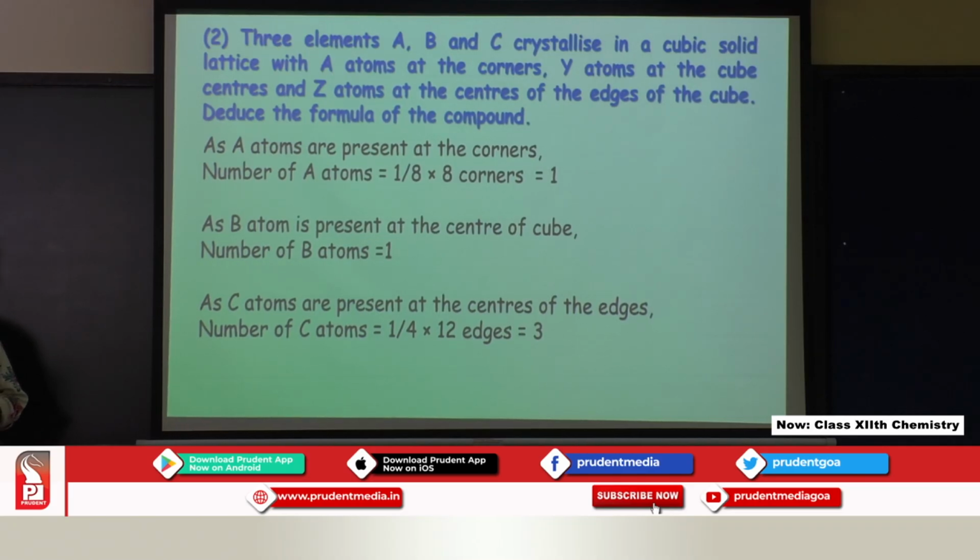So, we have 1 by 4 multiplied by 12 edges that a cube has, which makes it a value of 3. On taking the ratio of A is to B is to C, you will get 1 is to 1 is to 3, which makes your formula ABC3.